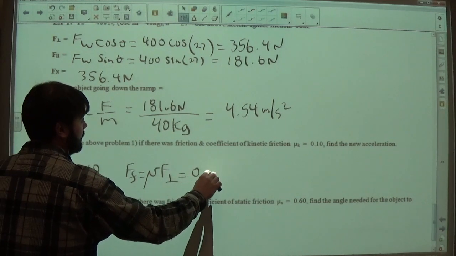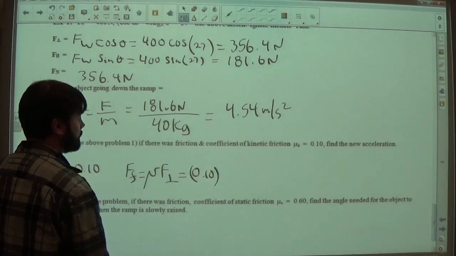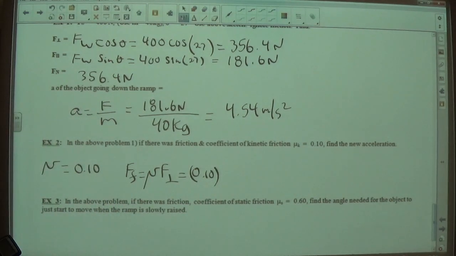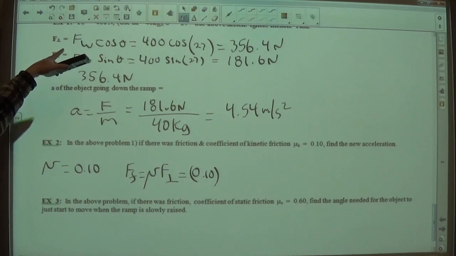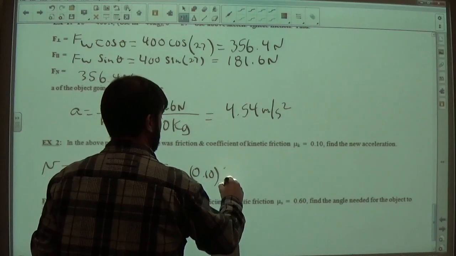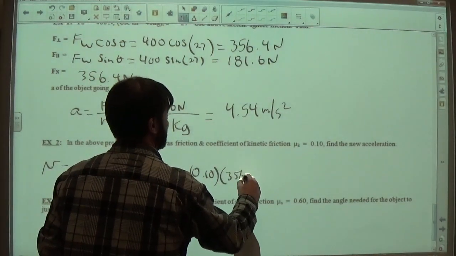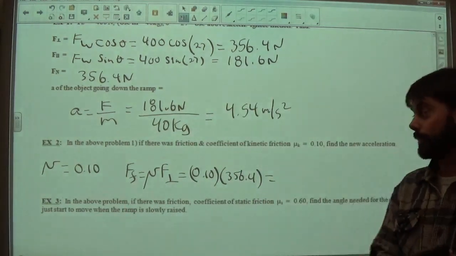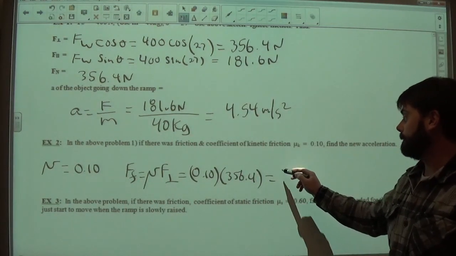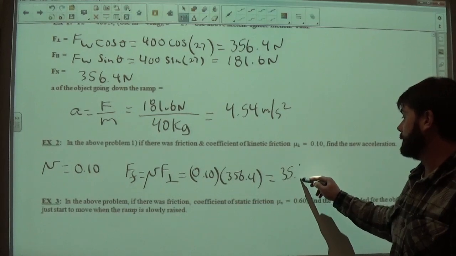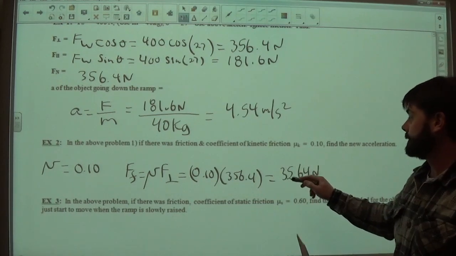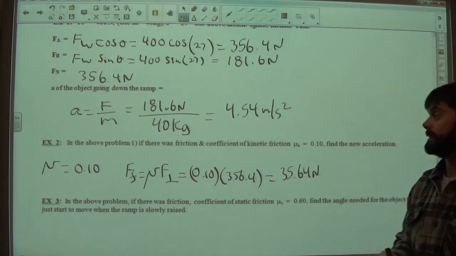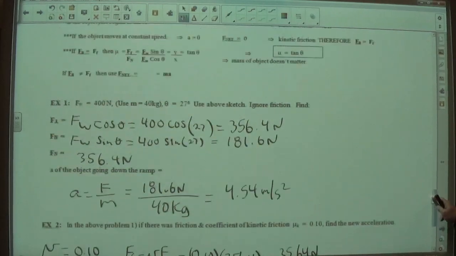I have 0.10, which is a very low coefficient of friction, multiplied by the force perpendicular here, which is the 356.4 newtons. If I multiply that by 0.1, this gives me 35.64 newtons. And this is a frictional force, so in essence this is going up the ramp.